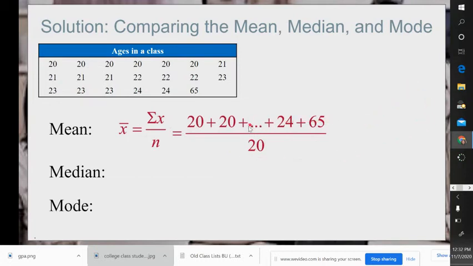That's just a symbol saying I left out some stuff, keep going. So I only wrote down the first two here, 20, 20, and then the last two here, 24 and 65. But you're supposed to add up all of them in between. So you grab a calculator, you add all those up, and then you hit divide by 20. Do that real quick if you haven't.